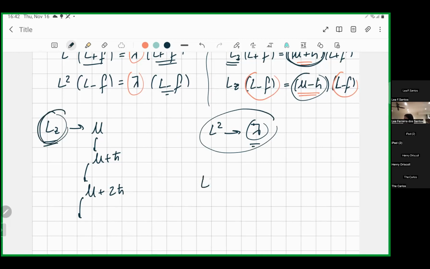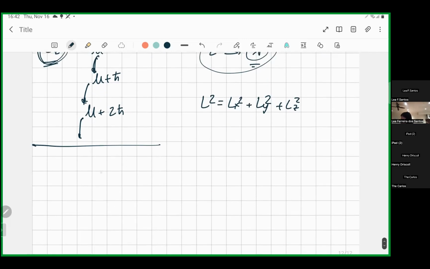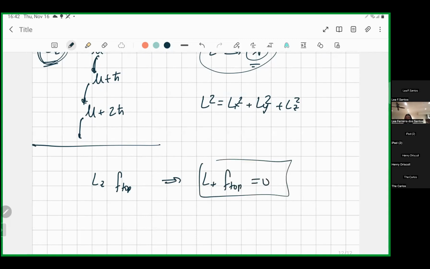Remember, L squared is Lx squared plus Ly squared plus Lz squared. So I go on increasing, but there is a point where this has to stop. So there should be a top wave function so that if I apply the raising operator on it, it stops. It cannot go beyond.